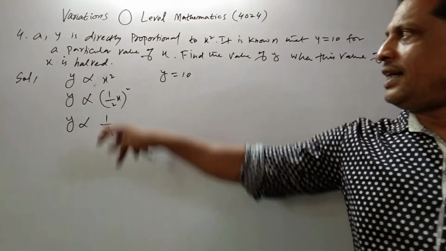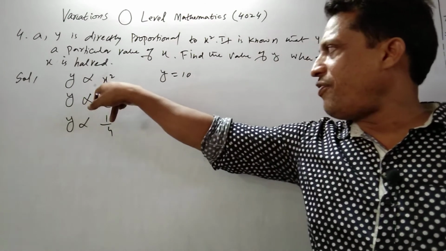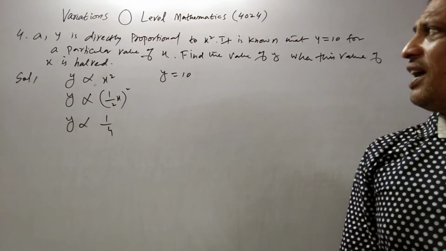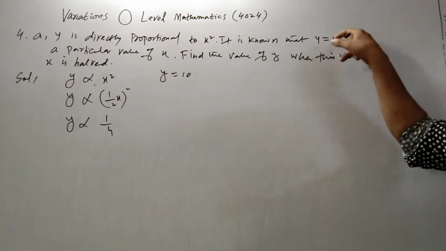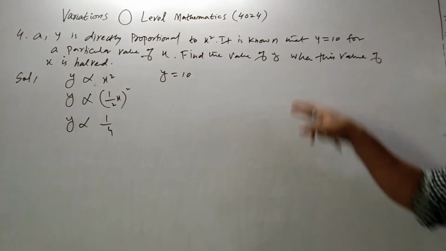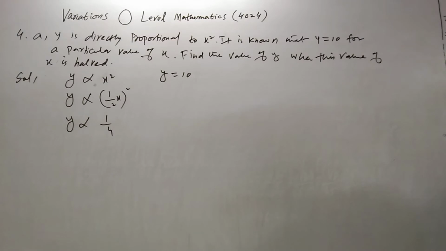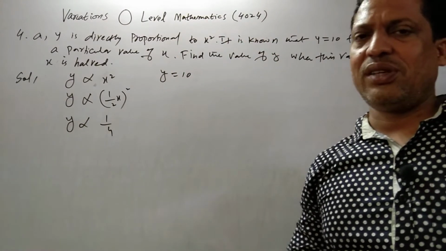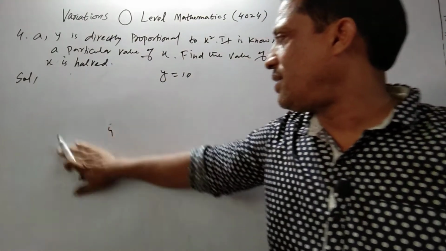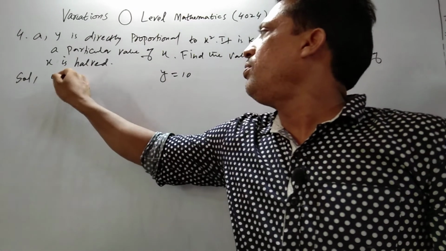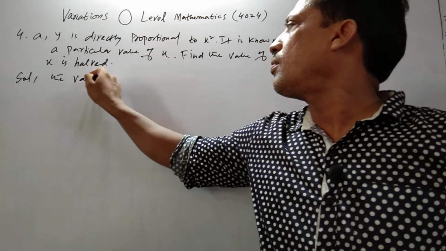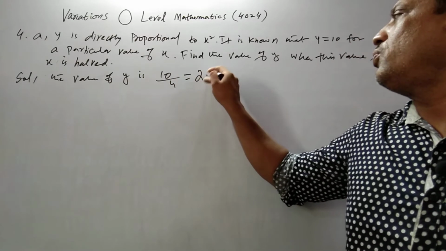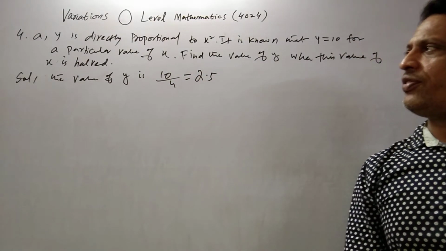Though the relation is directly proportional, if you put half in the formula, the value changes. Therefore, if the value of y is 10, but if we halve the value of x, the value of y should be 4 times less. Means the value of y is 10 upon 4, 2.5. This is the answer of part A.